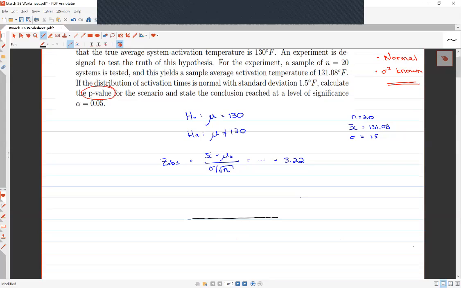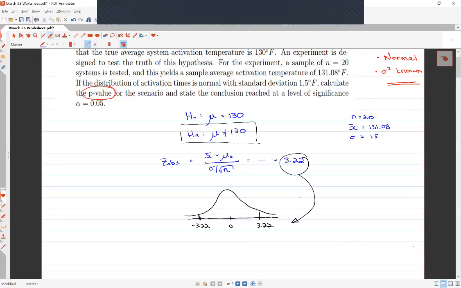P-value means we're referring to our standard normal bell curve, and in the case where we have a two-sided alternative, the p-value is the area corresponding to the bell curve where, if you look at the observed value, we take the positive and the negative of that value, and what we want to find is the area in the tails of the distribution.